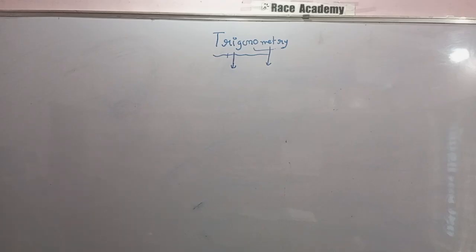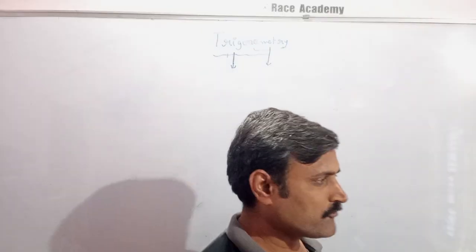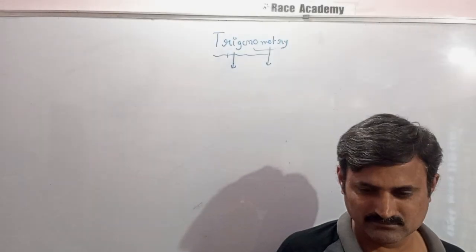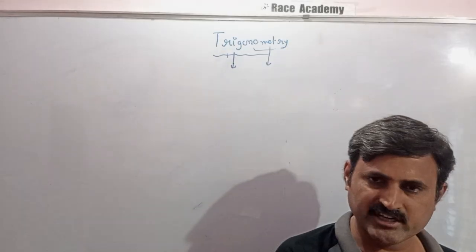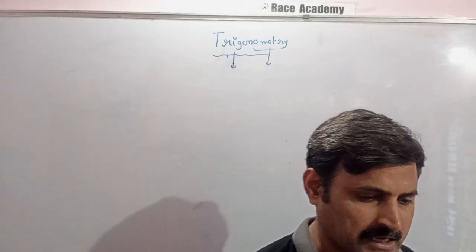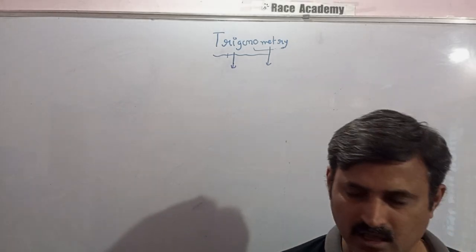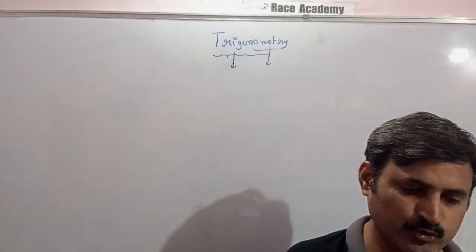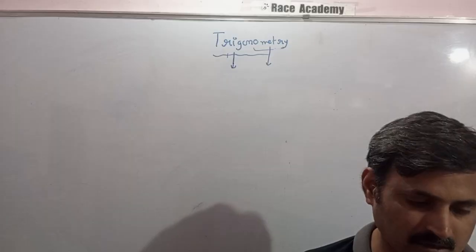Now we are going to see the different types of units of measurement of angles. In that there are different types of units. One unit we will call the degree system of expressing the units. Another one is called the grade system of expressing the units of angle.